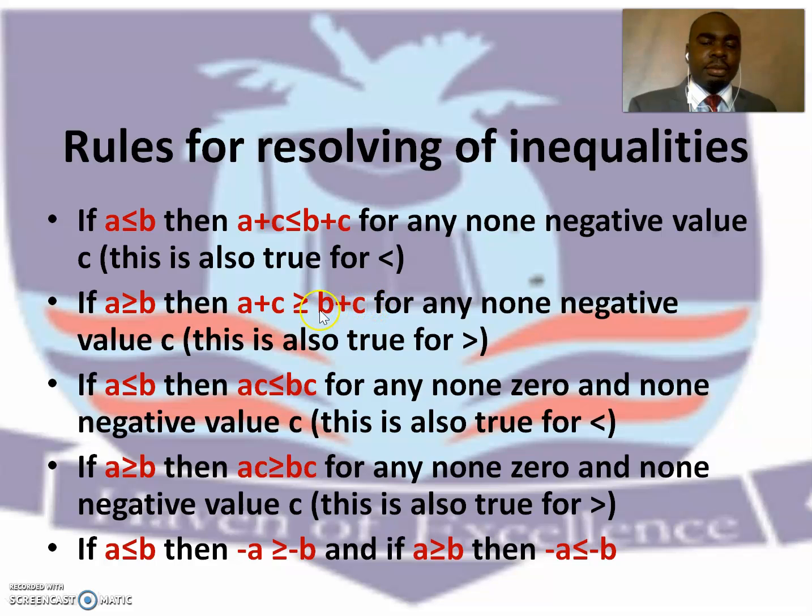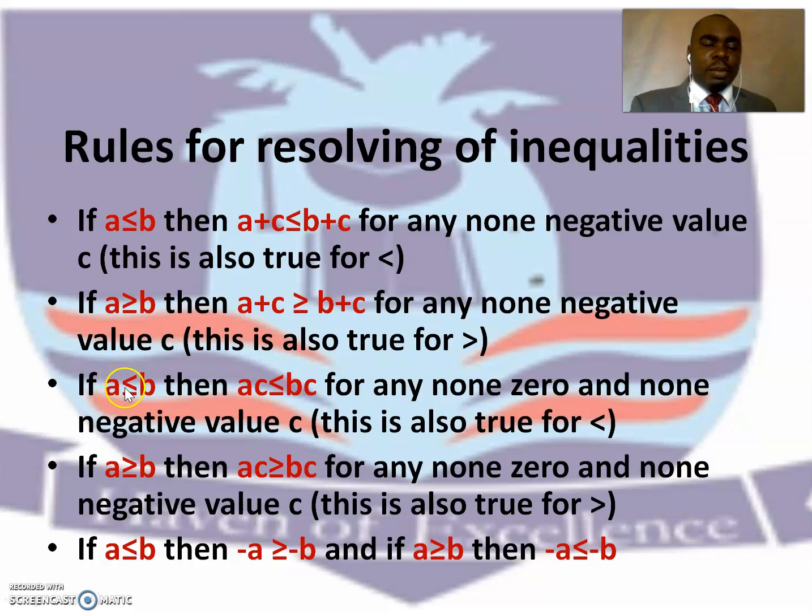For example, if A was to be 7 and B was to be 9, adding the number 2 to this will make A 9 and B 11. So A will still remain less than B. And that holds true for this.